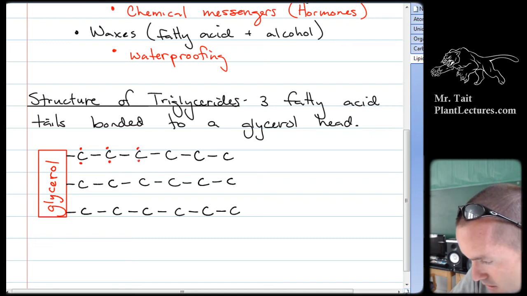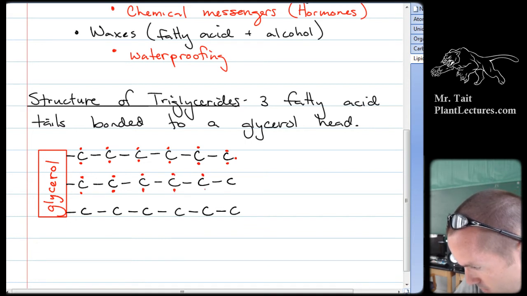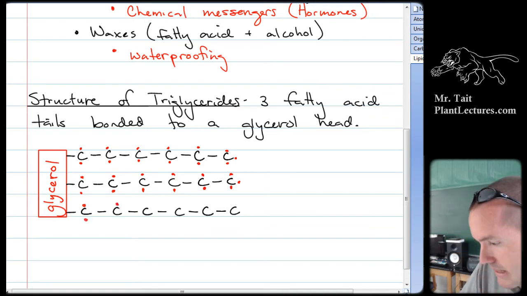So we got open spots all around here. When you draw a normal structural diagram like this, it's assumed that there are hydrogens in all these spots, but I wanted to put them in so that we don't forget that they're there. It's going to come into play in a second.